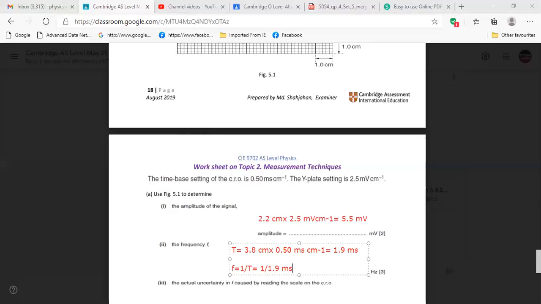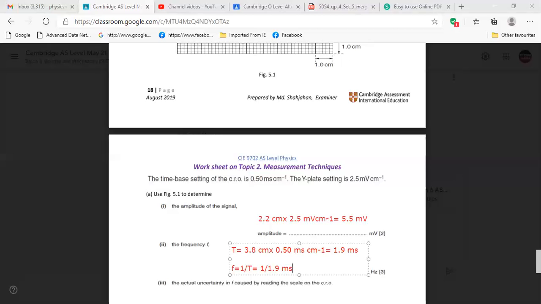Check what is the answer coming. 1900? No. I said 1 by 1.9 multiplied with 1000.